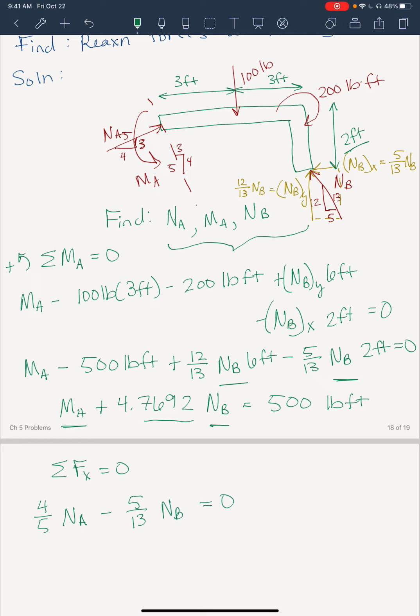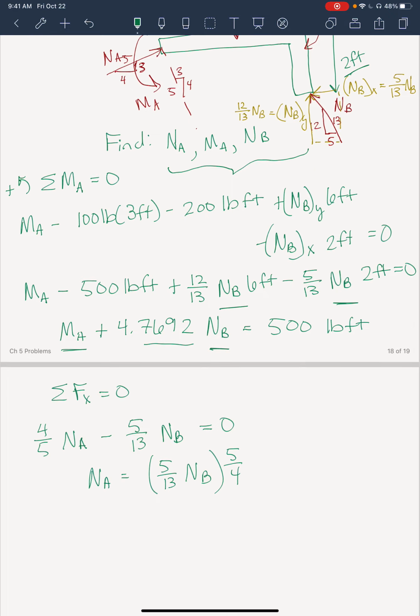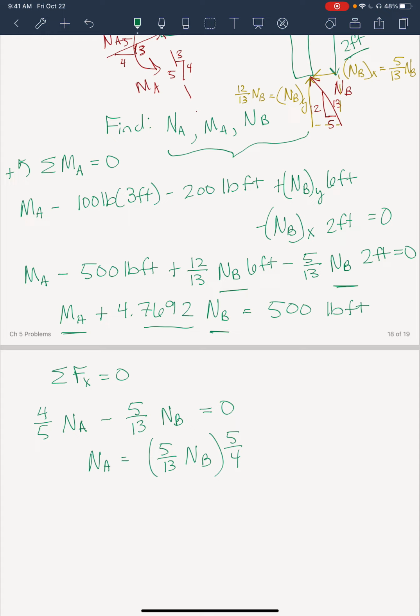That's going to equal 0. So we can rewrite that as NA equals 5 over 13 MB times 5 over 4. So we get NA equals 0.4808 MB.